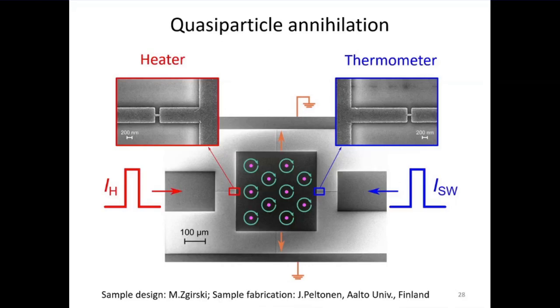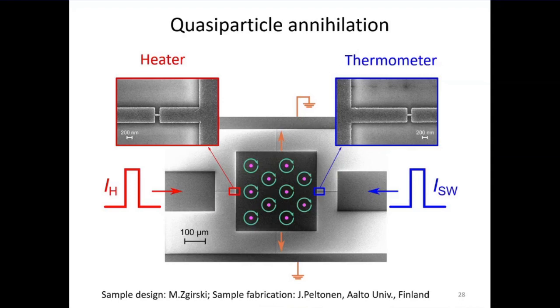So the point is that we create these quasi-particles, they diffuse here, and then they arrive at the detector, and we want to find out if this diffusion is affected by the presence of vortices in the box. Because vortices, as I defined at some moment, contain a normal core.